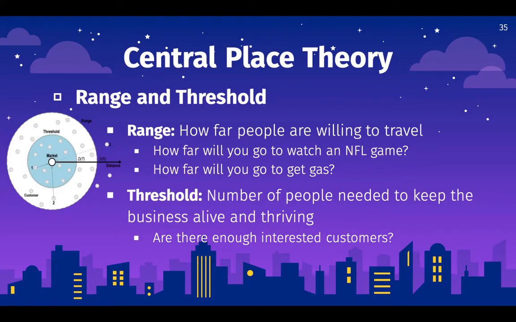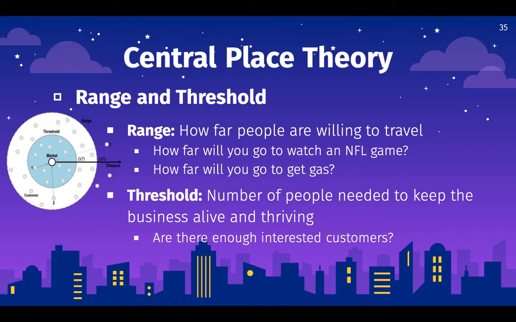Now, there are two key factors within central place theory that leads to the success or failure of a business. One is what we call range. This refers to how far people are willing to go to get that particular product. And it depends both on the consumer and the product itself. For example, if you're looking to watch an NFL game in person, well, there aren't too many National Football League games in Crown Point, Indiana.